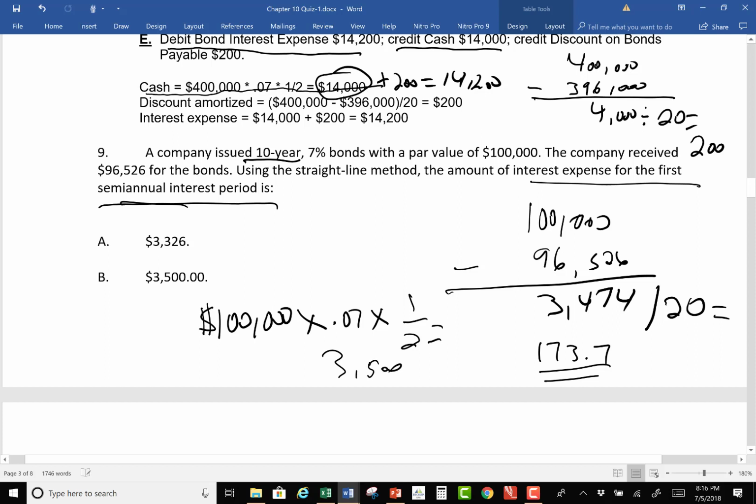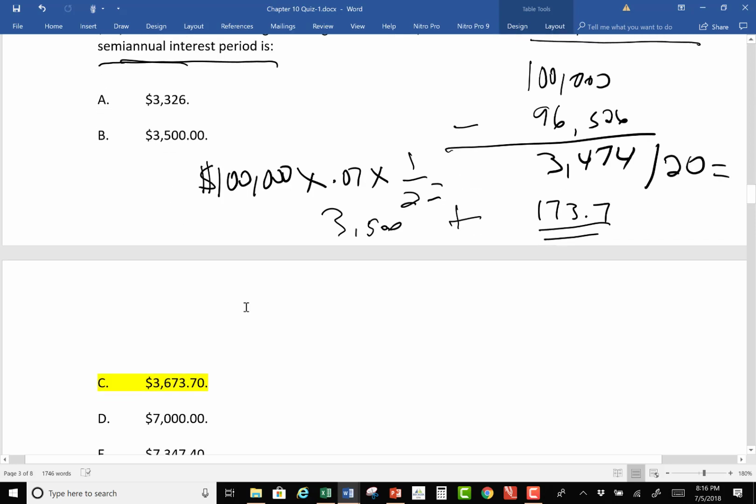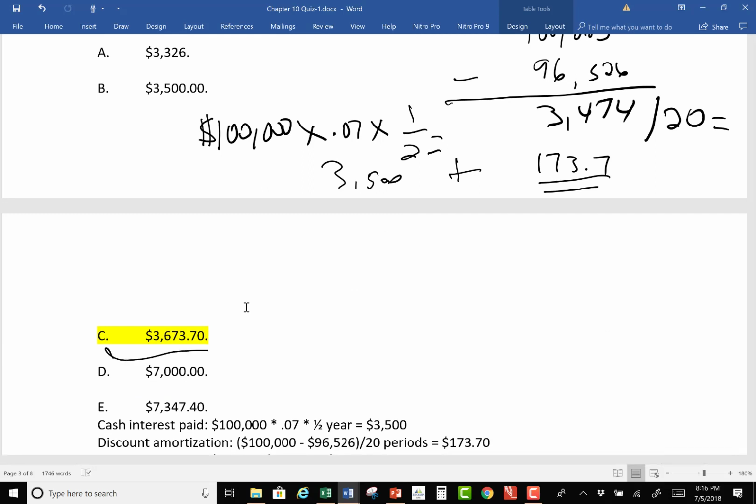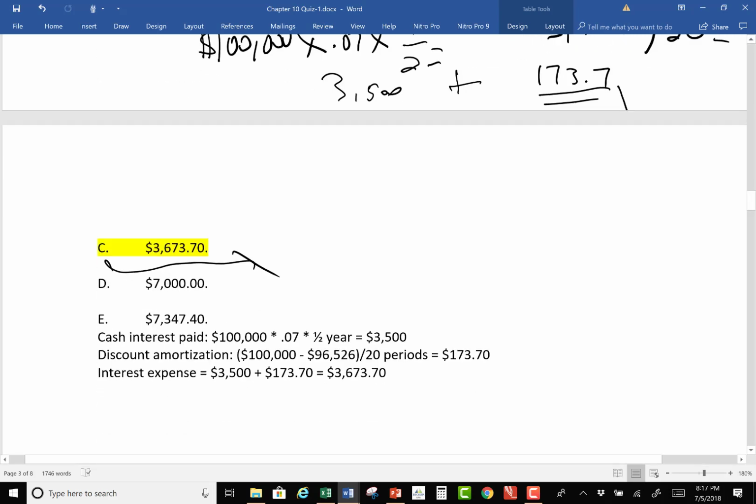And I take that 3,500 and I do what? Add the amount of discount amortization, don't I? And when I do, I get this what? $3,673.70. That 70 cents had me concerned, but sure enough, there it was, 70 cents. Okay. All right, good. Let's look at another one.